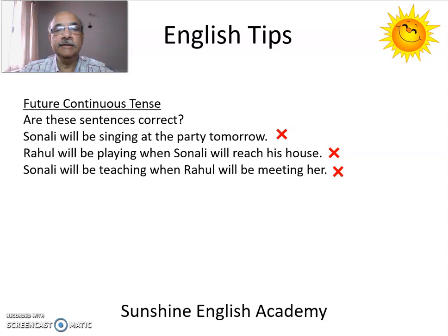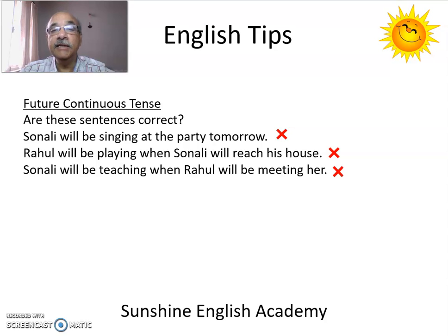The next sentence, Rahul will be playing when Sonali will reach his house. This is incorrect because the second part of the sentence should be in the simple present tense, not in the simple future tense.